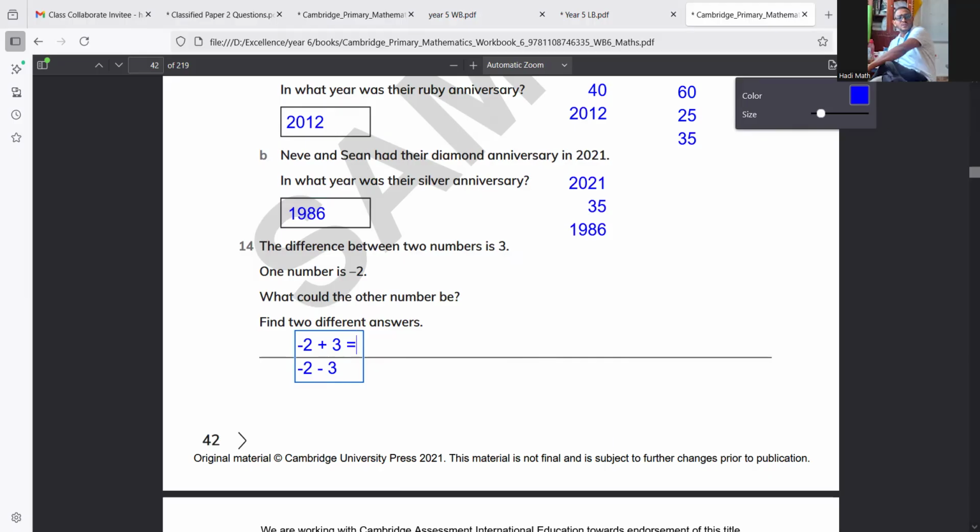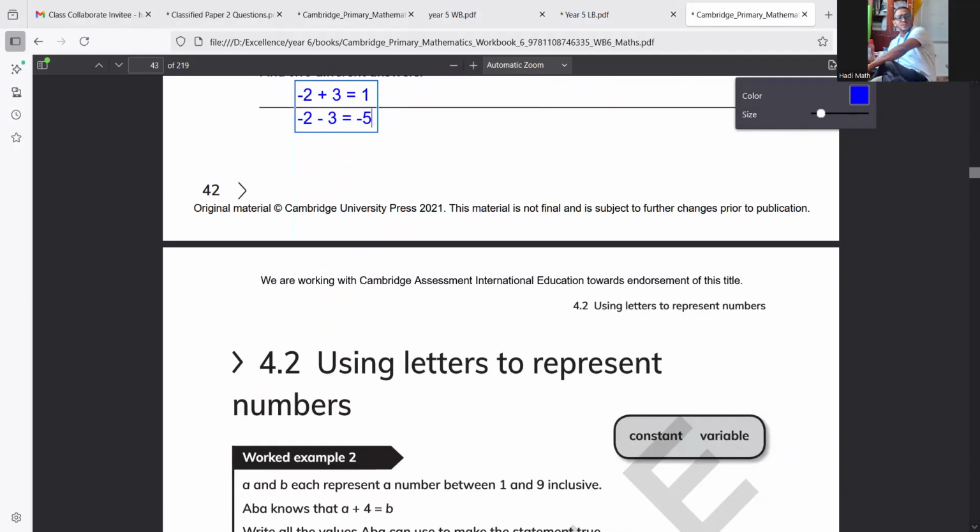When you add 3 to -2, the answer will be equal to 1. So the difference between 1 and -2 is 3. And if you subtract 3 from it, the answer will be -5. And the same thing, the difference between -2 and -5 is 3. So you have two options, add or subtract, to know exactly the other number.